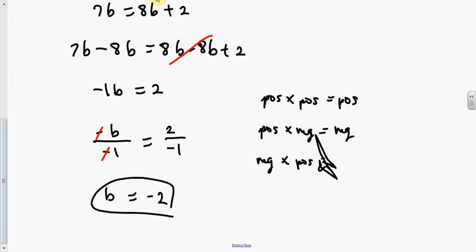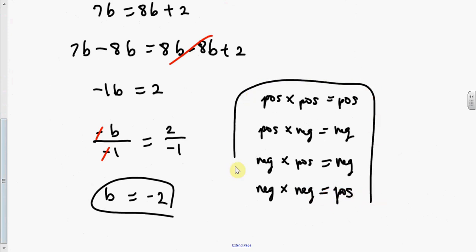My pen is acting crazy. And what are we missing? Negative times negative is positive.